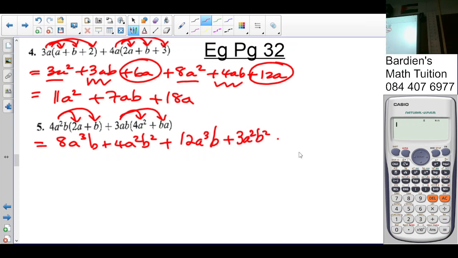Add the like terms, yes. So it's going to be 8a cubed b plus 12a cubed b, 4a squared b squared, 3a squared b squared. 20a cubed b, yes.